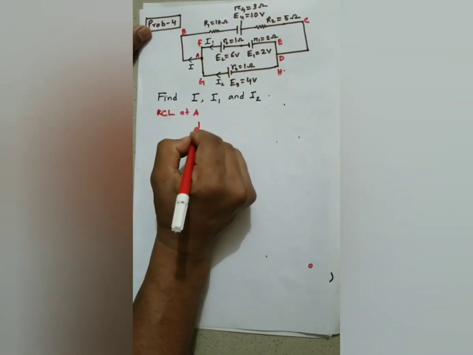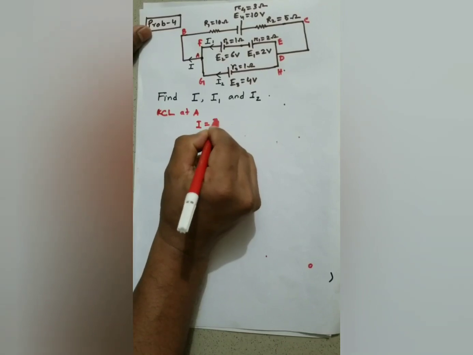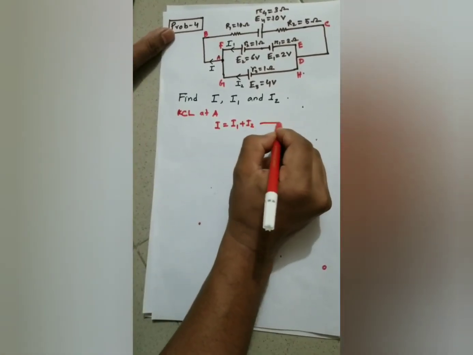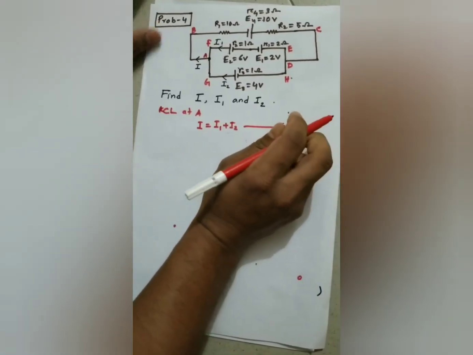So we can write I equals I1 plus I2. So this is equation 1.